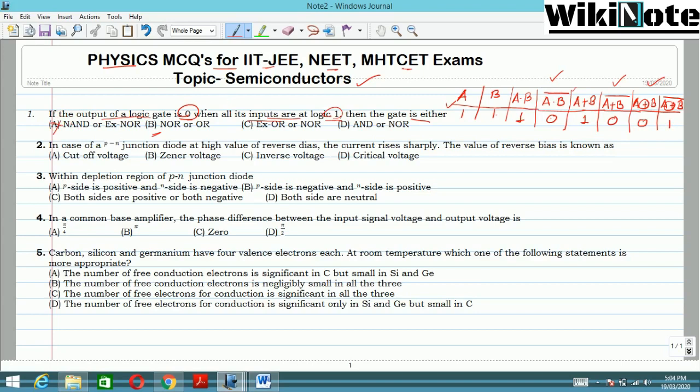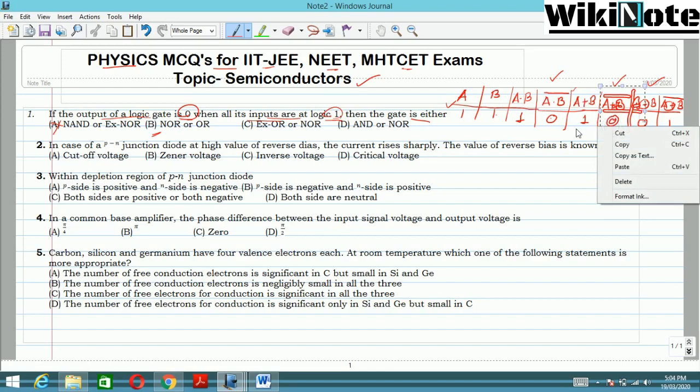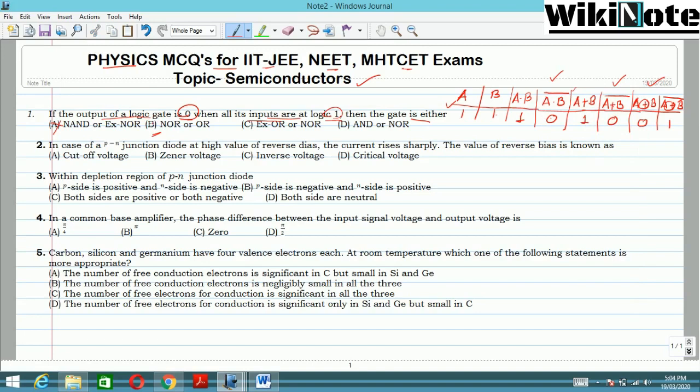Second, NOR or OR: NOR output is 0, but the OR output is 1, so the second option is also wrong.